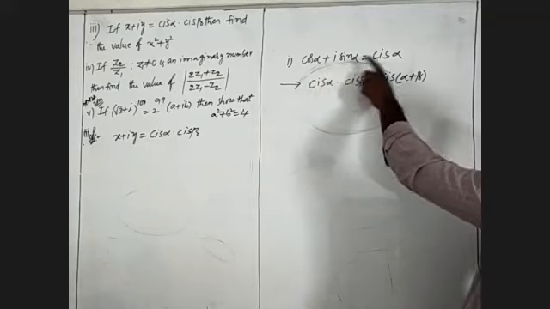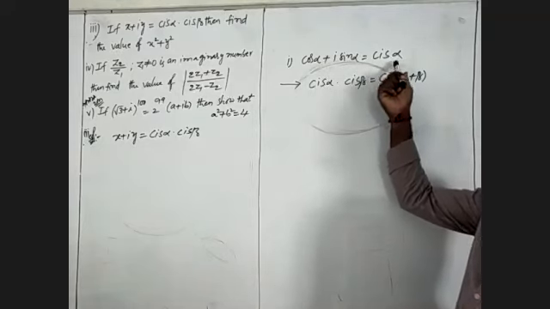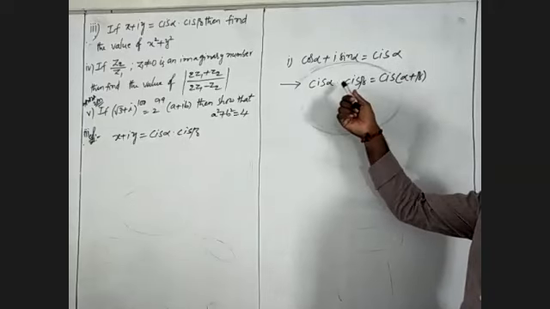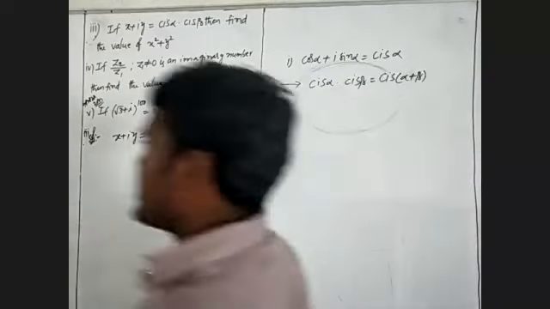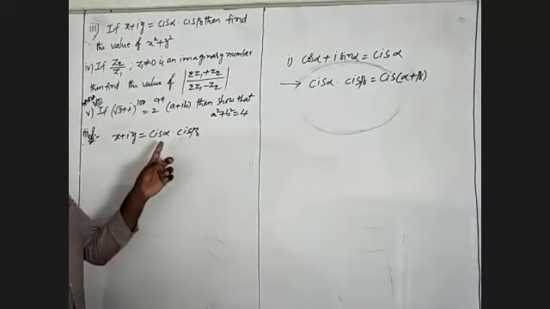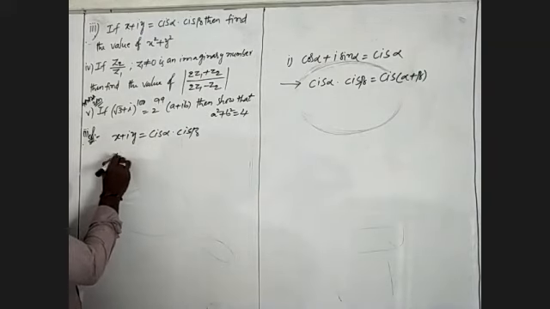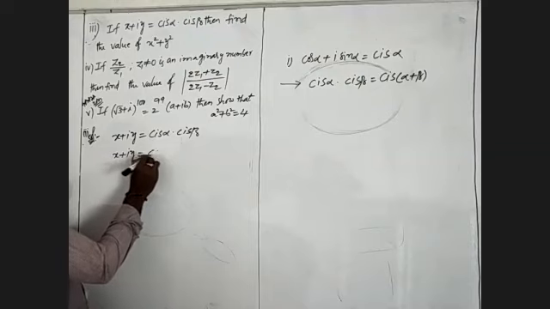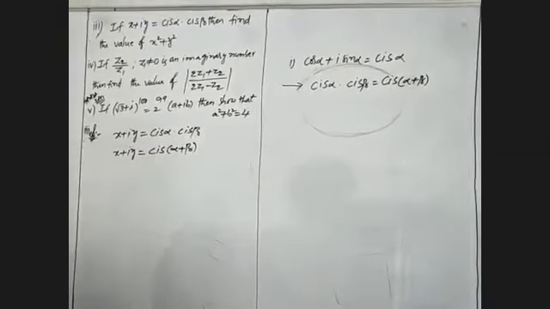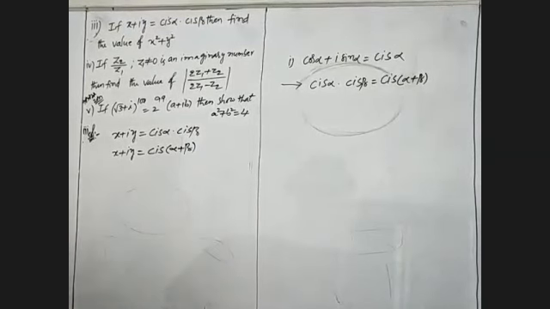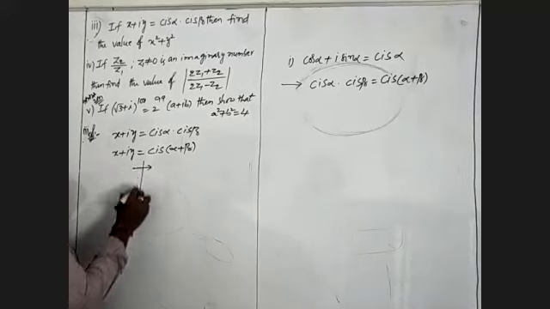Cos alpha plus i sin alpha is nothing but cis alpha. After that, cis alpha into cis beta is nothing but cis of alpha plus beta. I will write the two conditions here.